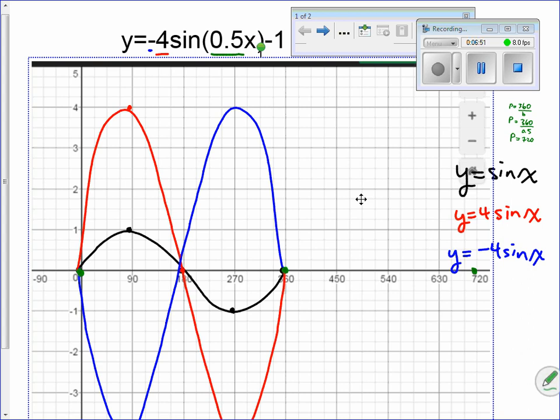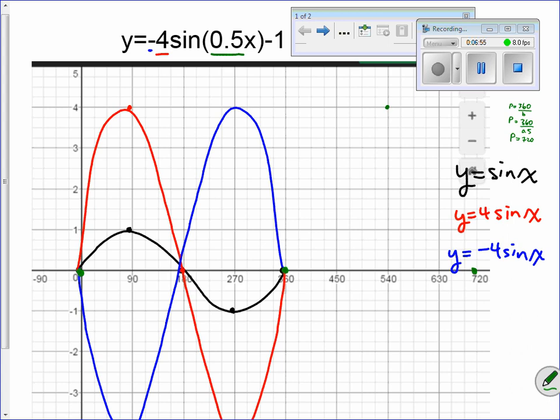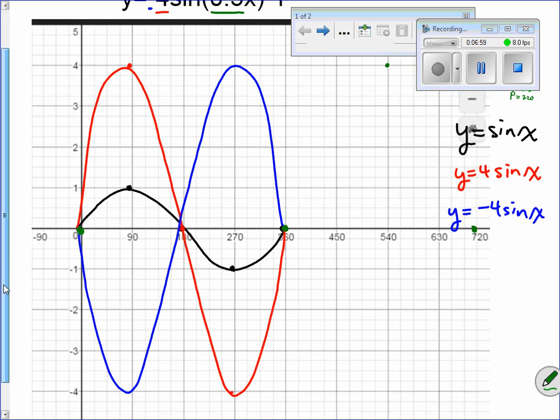So what I can do is I can just graph that. Now, for the blue, you notice its minimum occurs halfway between 0 and 360. So that's going to be at 180. So I'm actually going to just put my dot here.